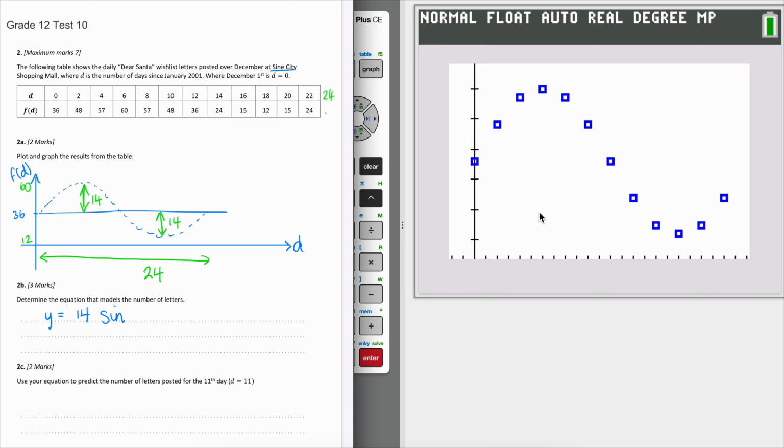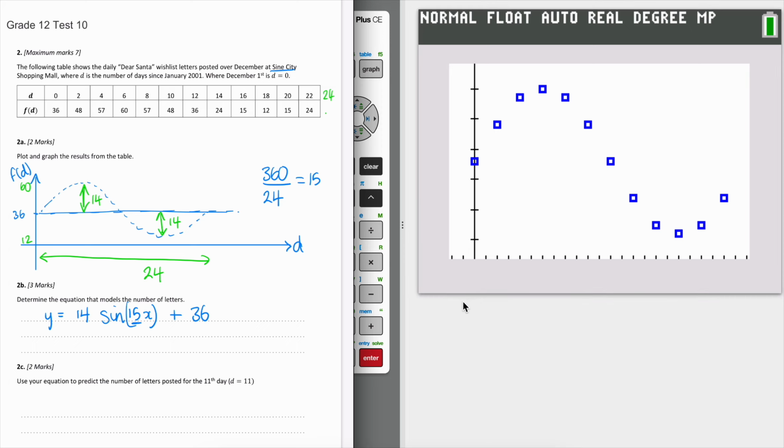The number in front of the x is 360 divided by how long it takes to complete the wave, or the period. That gives me 15, so it's 15x. And then the last part is the central point, which I can see on mine is 36.